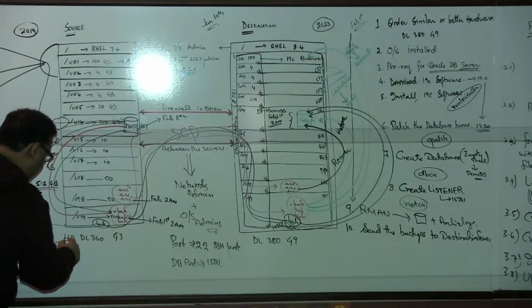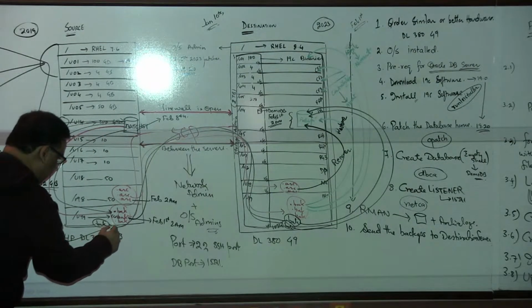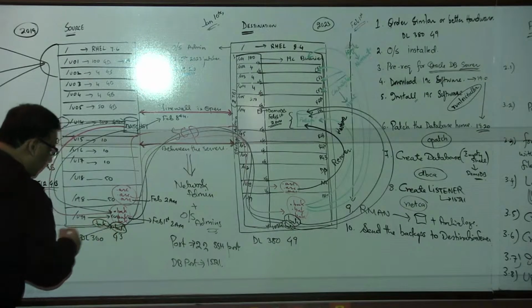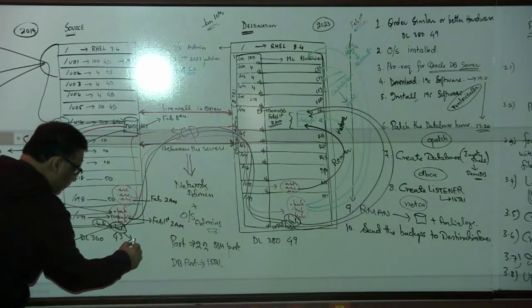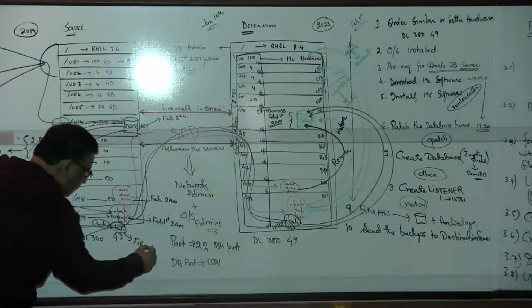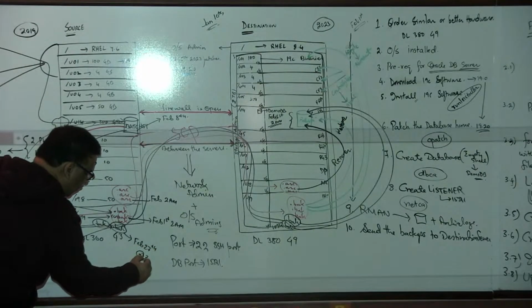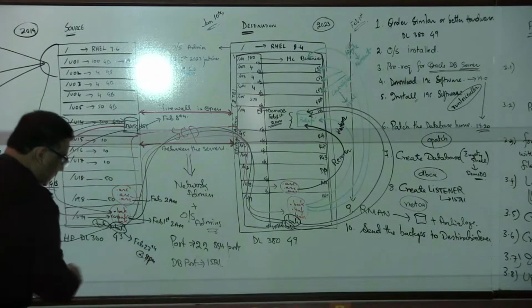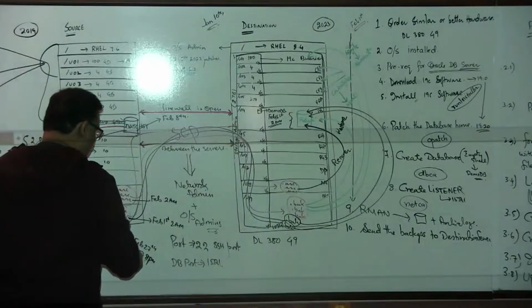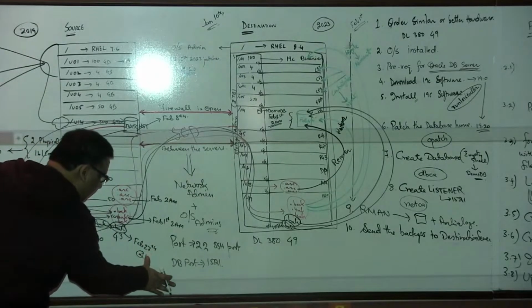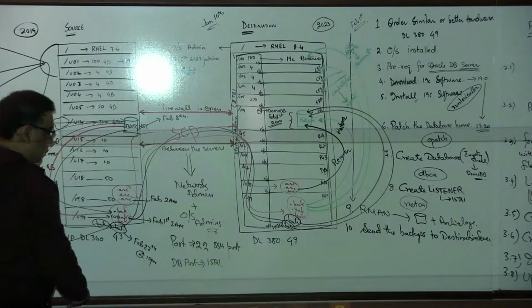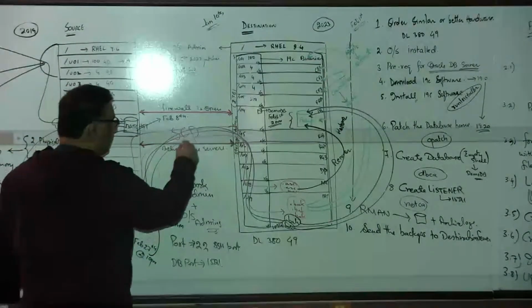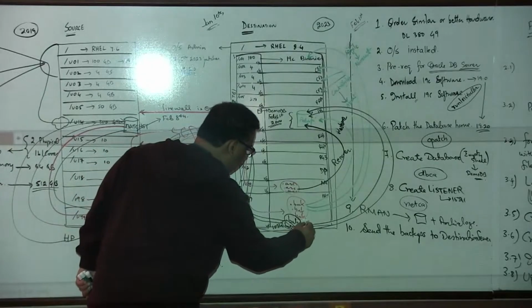On the 28th morning or 27th morning, I take another backup, another incremental. This is done on February 27th at 20 o'clock, or let's say 8 p.m. Or let's say we want to have this done at 10 p.m. These changes I copy and then I restore.